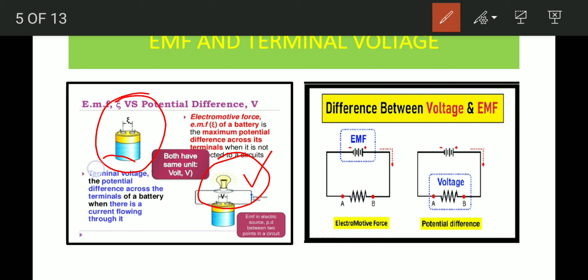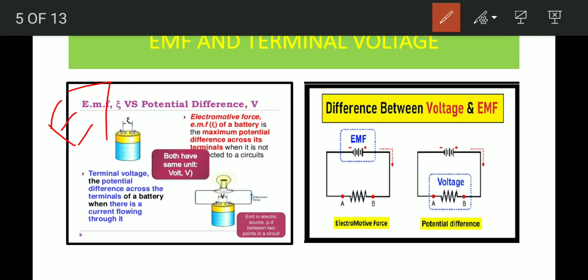This potential difference is now termed as terminal voltage. It has been found that the value of EMF is always greater than the value of terminal voltage. Terminal voltage of a cell depends upon the amount of current drawn from it.